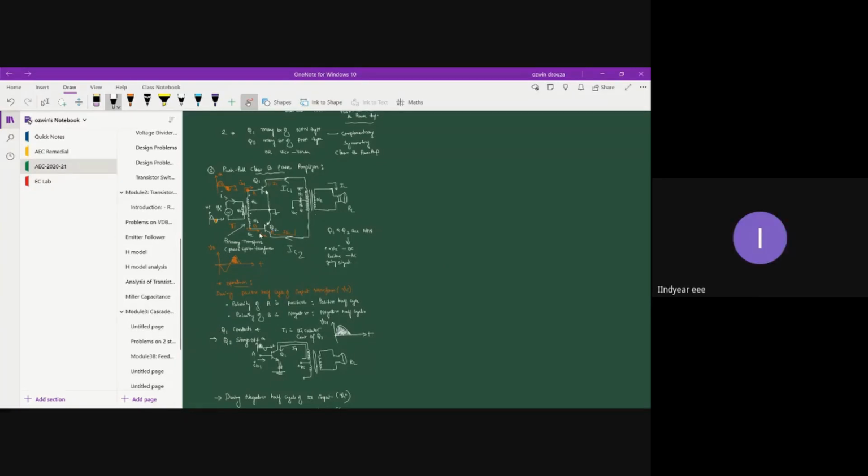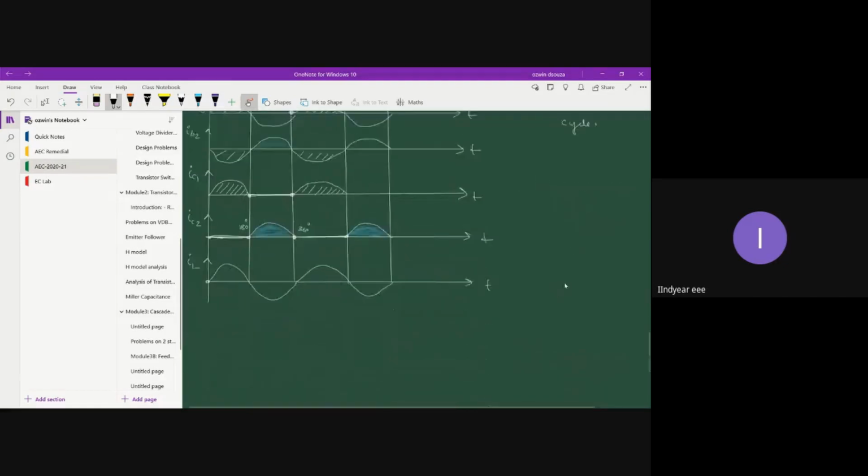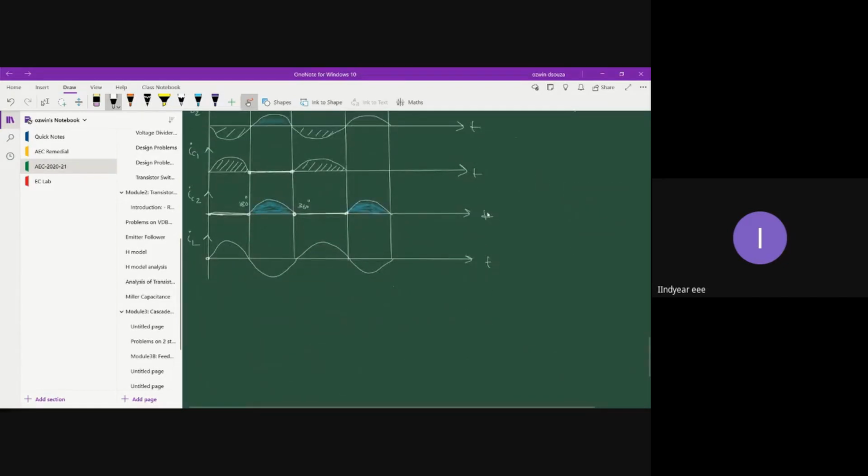Fine then. So that's about the waveform sketching of class B power amplifier. Now let us look into the analysis part. Let me write the analysis.